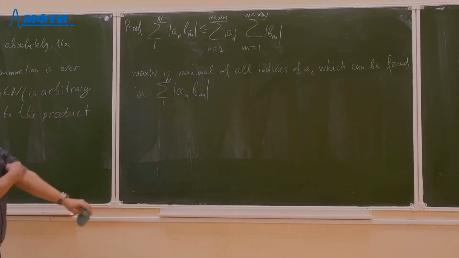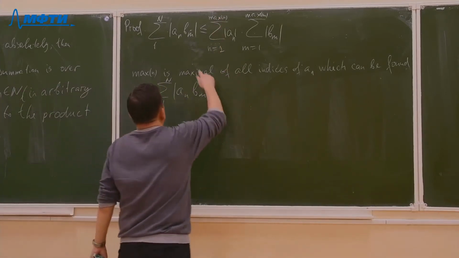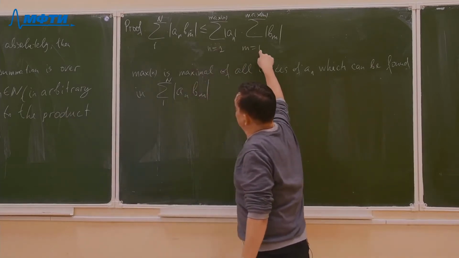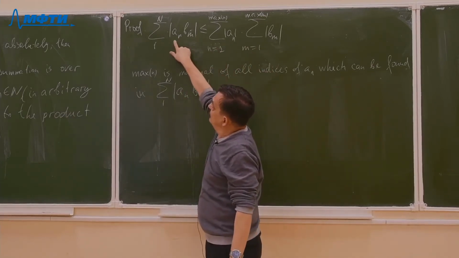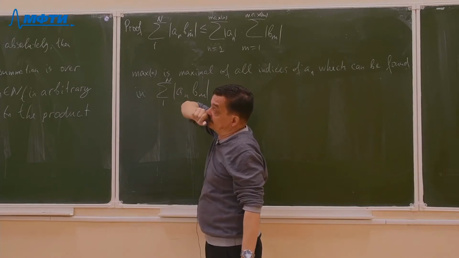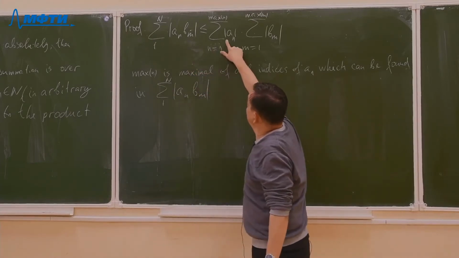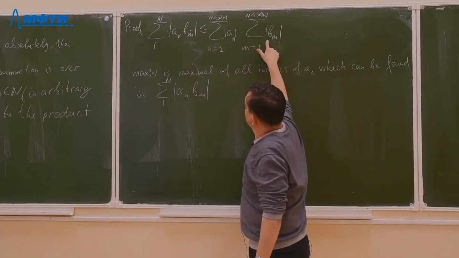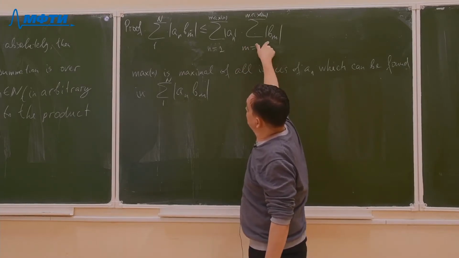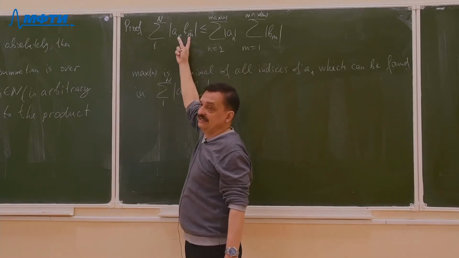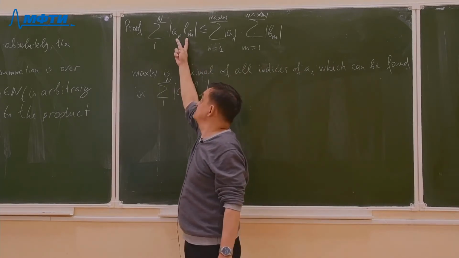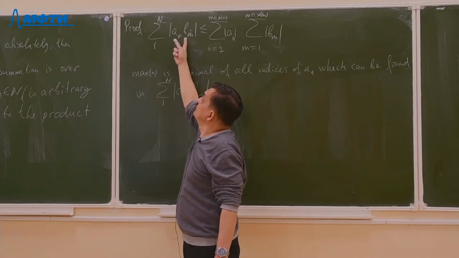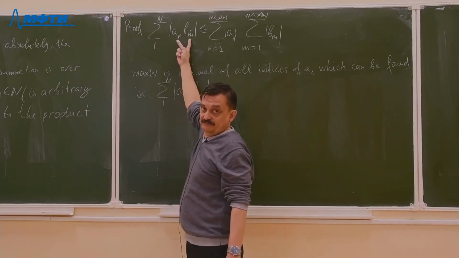And you see that indeed this inequality is obvious because all those terms are non-negative, and here we multiply what is on the right hand side. It contains all possible products of all indices which may appear in the left hand side.